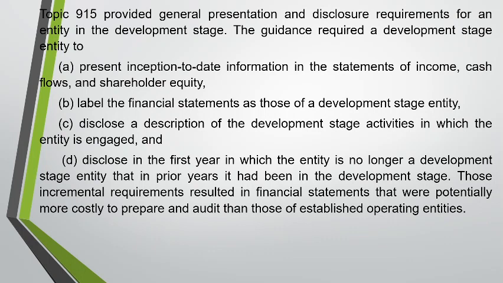Topic 915 provides general presentation and disclosure requirements for an entity in the development stage. The guidance required a development stage entity to present inception information in the statements of income, cash flows, and shareholders' equity, label the financial statements as those of a development stage entity, disclose a description of the development stage activities in which the entity is engaged, and disclose the first year in which the entity is no longer a development stage entity if in prior years it had been in the development stage.